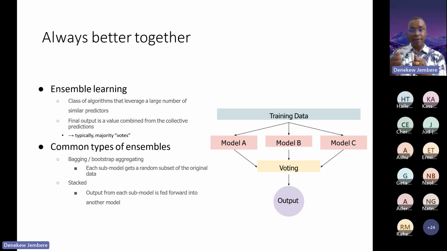This is in the case of classification trees. Given a training data set, you divide the data set into subsets. Each of these subsets will be used to train a certain classification tree.